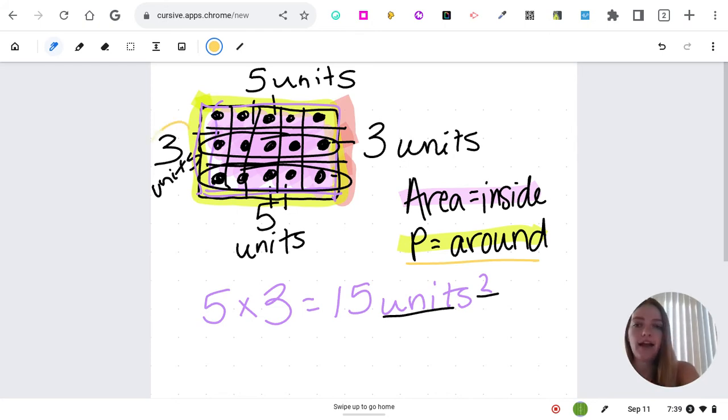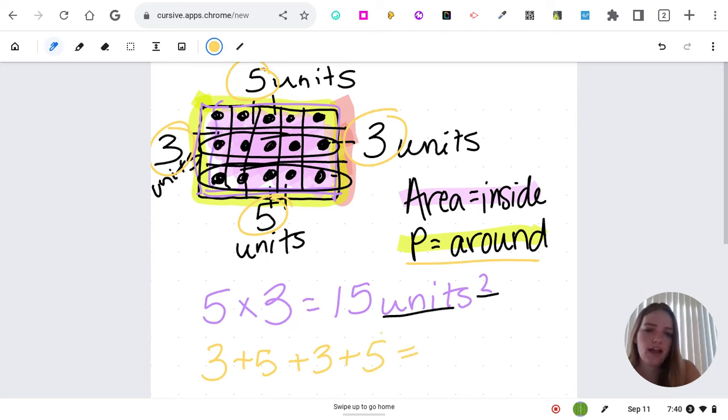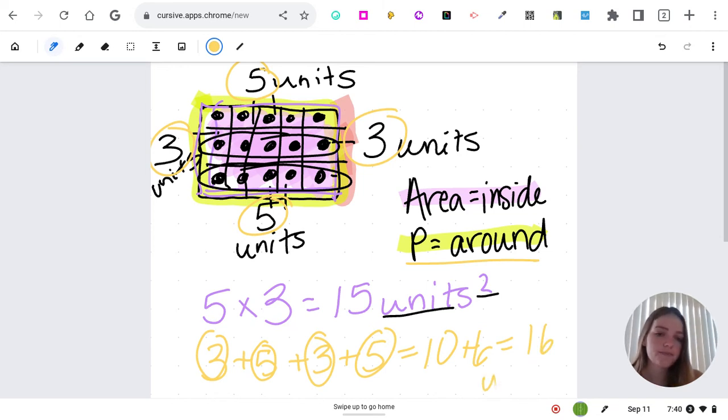So I see that I have a 3, I have a 5, I have another 3, and I have another 5. I know that 5 and 5 is going to give me 10, plus 3 and 3 is 6. So 10 plus 6 is 16 units.